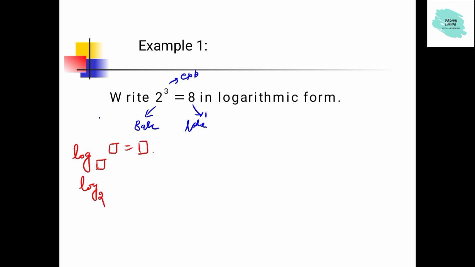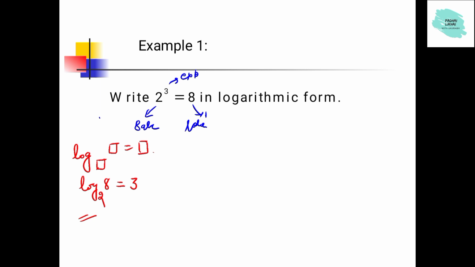What is the value? Value is 8. What is the exponent? Exponent is 3. So this is how we convert 2 to the power 3 equal to 8 into log form, that is log 8 base 2 equal to 3. This is the basic conversion of exponent form to log form.